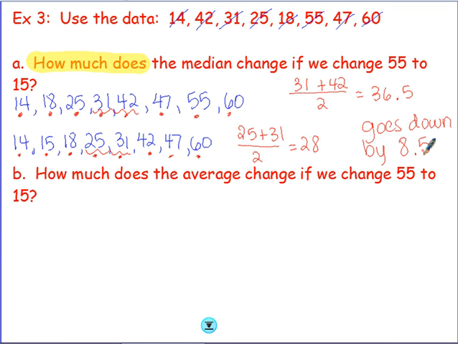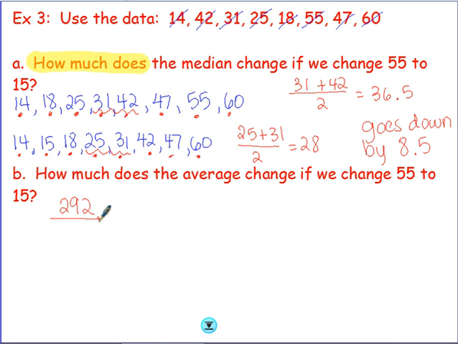Part B, how much does the average change? So now we're focusing on the exact same two sets of data. We're looking at this top set and this bottom set, but we want to find the average or the mean. So we're going to add them all up. The first set, when you add up 14, 18, 25, 31, 42, 47, 55, and 60, we get 292.